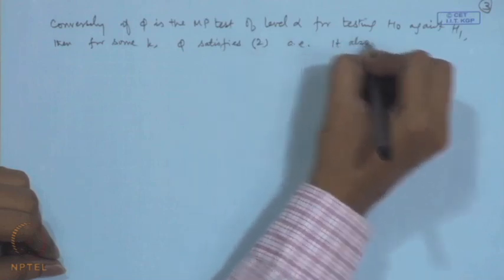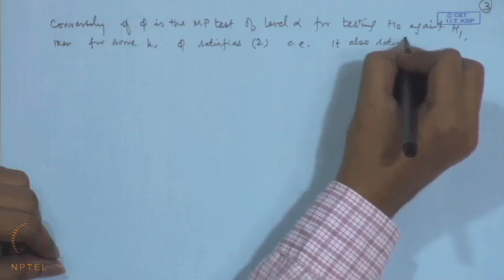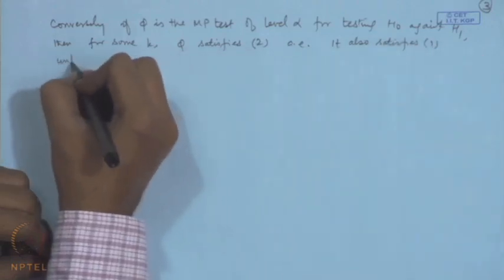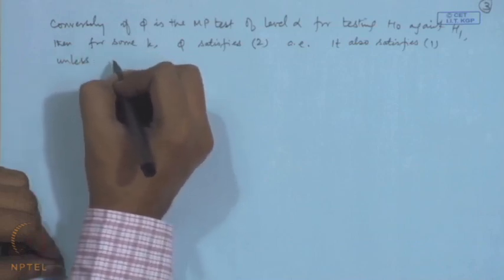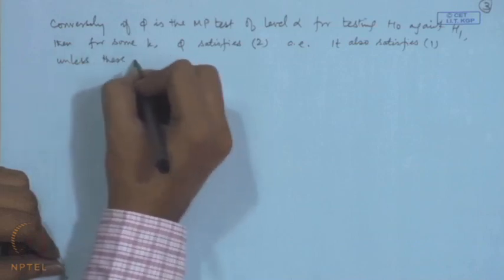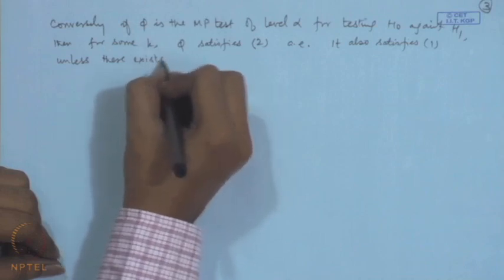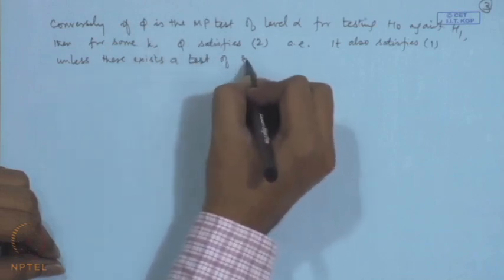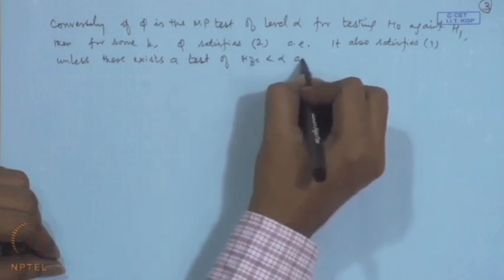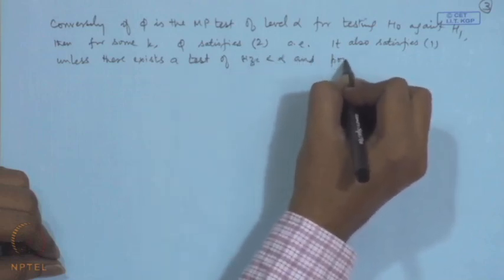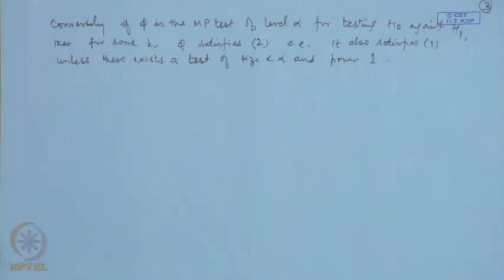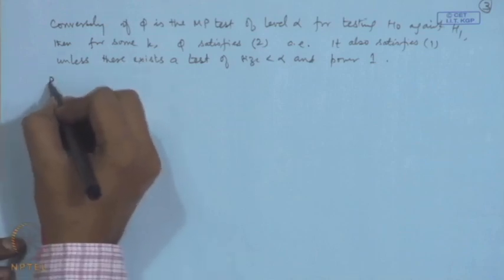It also satisfies 1 unless there exists a test of size less than alpha and power 1. So, this is the exceptional case. Let us look at the proof of this.